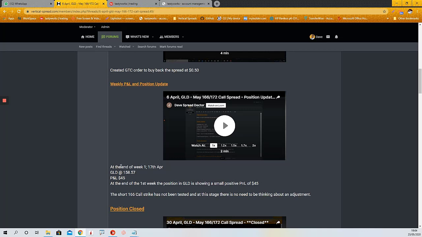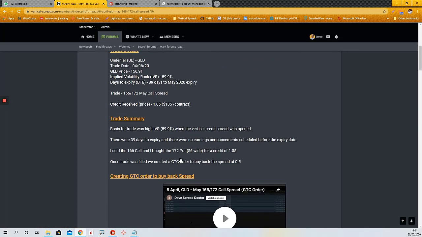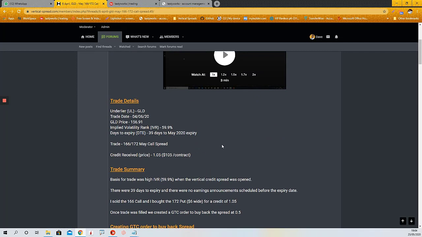So the end of the first week for GLD was on the 17th of April. GLD was trading at 158.57. Remember, I sold it at 156.91, and this is a good trade to highlight theta decay and one dimension of how it works.